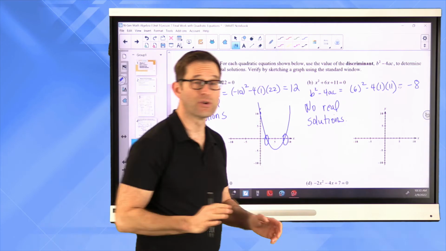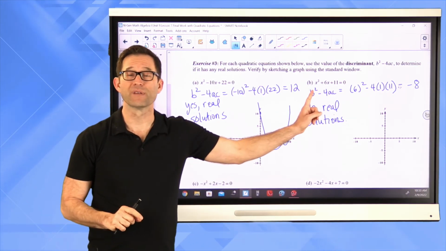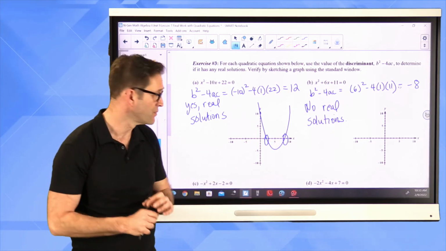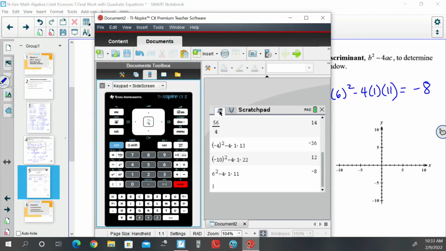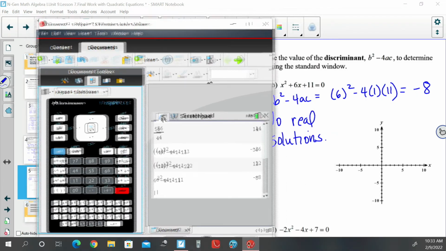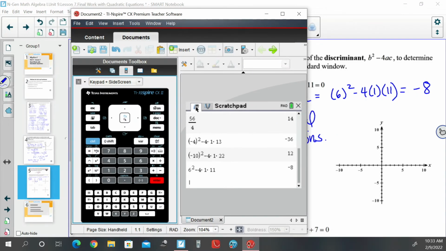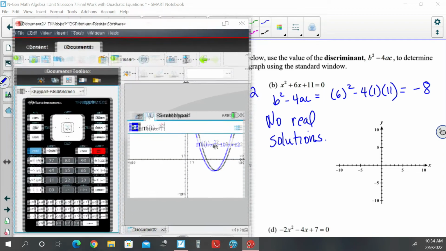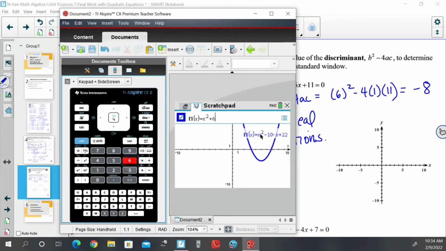Now in theory what that should mean is if I graph y equals x squared plus 6x plus 11, I should never see it hit the x-axis. Let's take a look. Let's go back here. I can just delete that out. x squared plus 6x plus 11. Enter, and look at that.